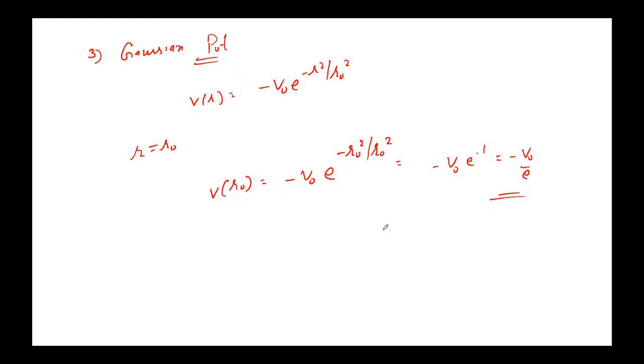The next type of nuclear potential which we can use in order to solve these NP scattering interactions is the Yukawa potential. The Yukawa representation is more or less something like the exponential function.